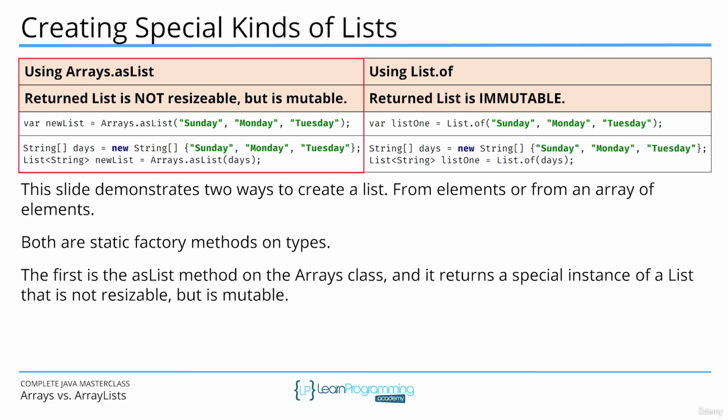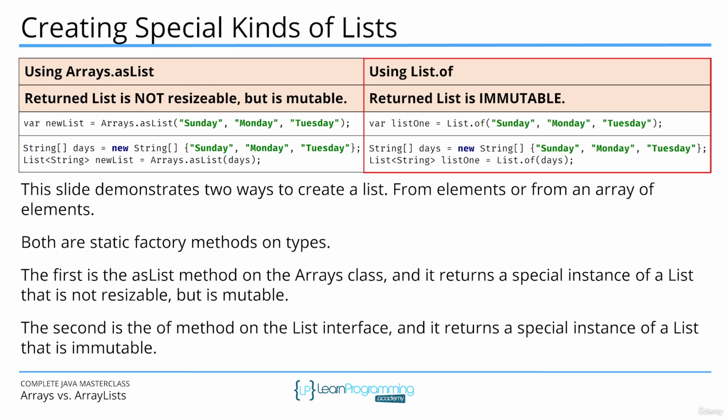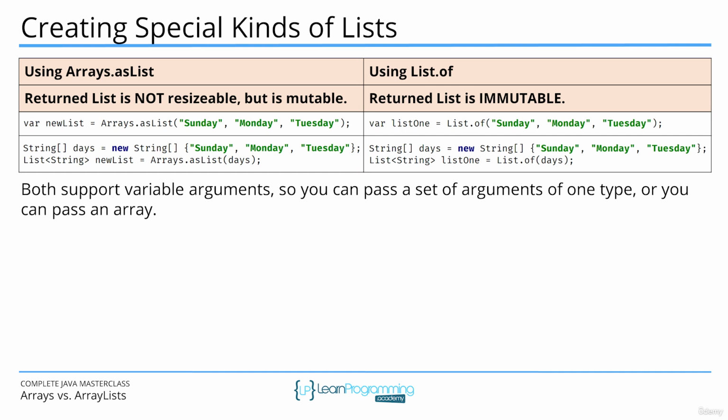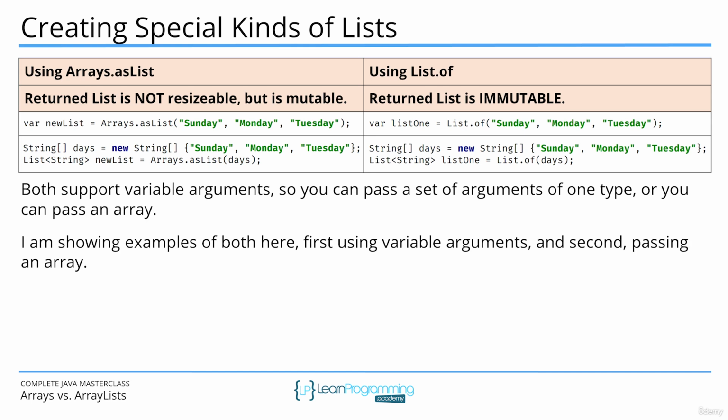The first is the asList method on the Arrays class, and it returns a special instance of a list that is not resizable but is mutable. The second is the of method on the List interface, and it returns a special instance of a list that is immutable. Both support variable arguments, so you can pass a set of arguments of one type, or you can pass an array. I'm showing examples of both here, first using variable arguments and second passing an array.